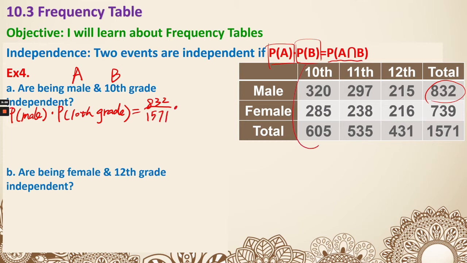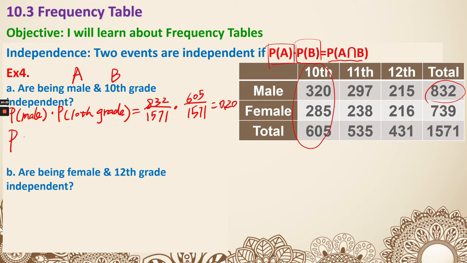And we have 10th grade, which is the first column. That's 605 out of 1571. If you put in your calculator 832 divided by 1571, then times 605 divided by 1571. In decimal, that's going to give you, after rounding, 0.20.